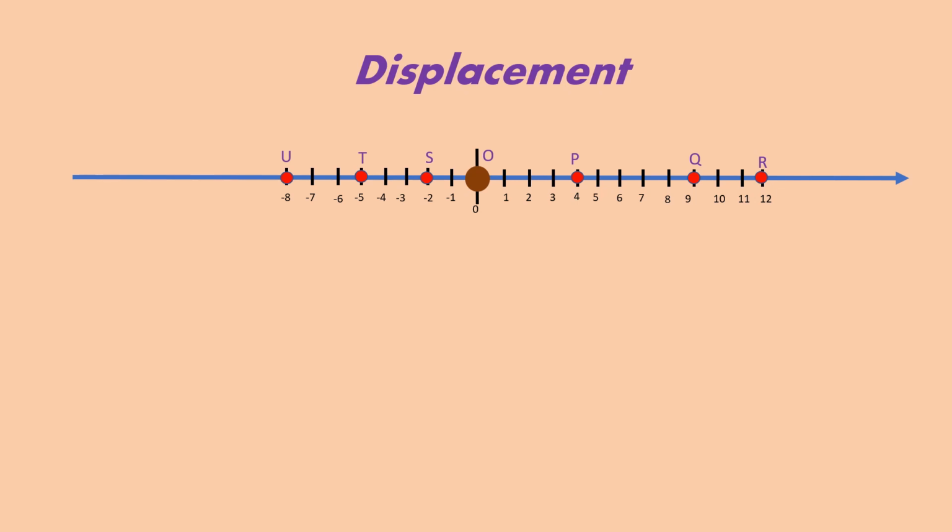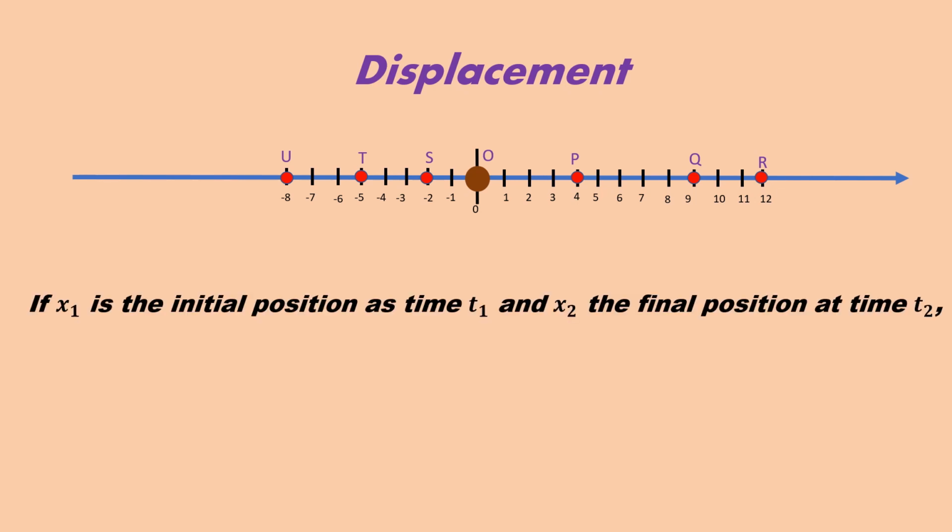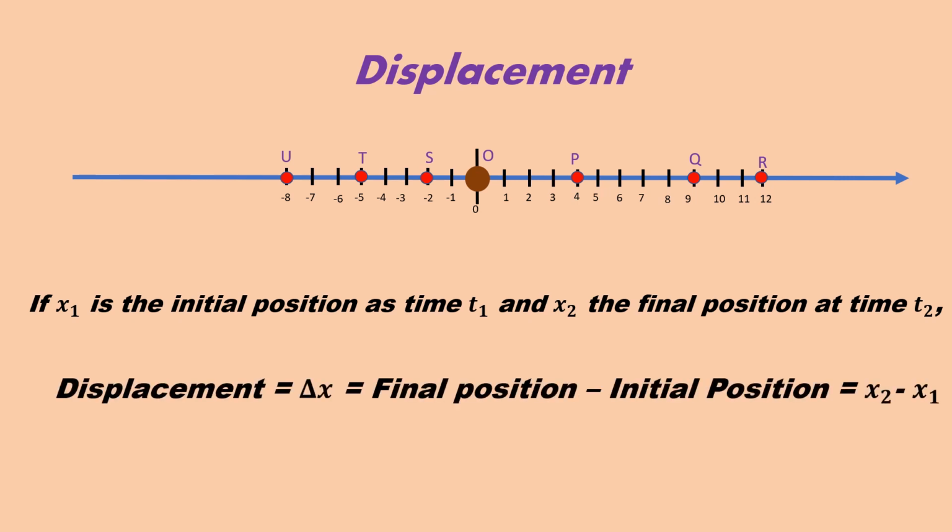So let's formulate an expression for displacement. If x1 is the initial position at time t1 and x2 is the final position at time t2, we can write an expression for displacement as delta x is equal to final position minus initial position, equals x2 minus x1. Now let's see the difference between distance and displacement.